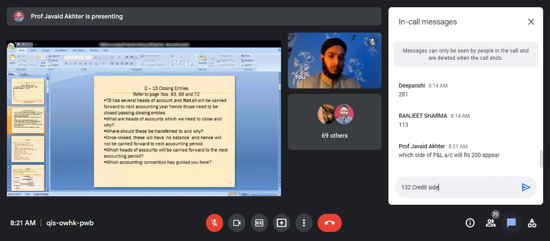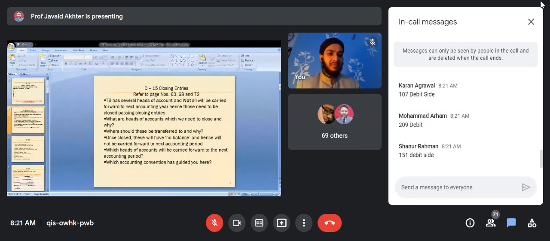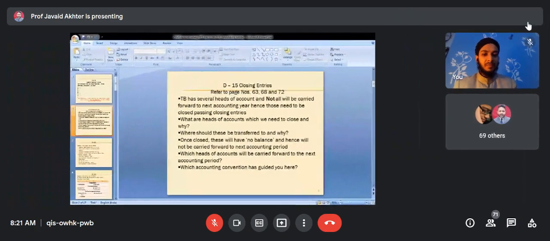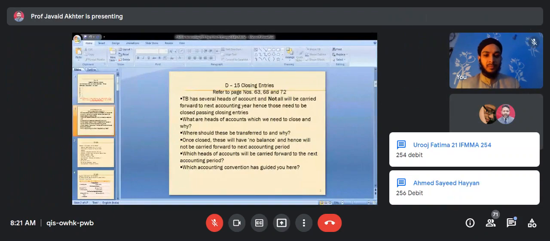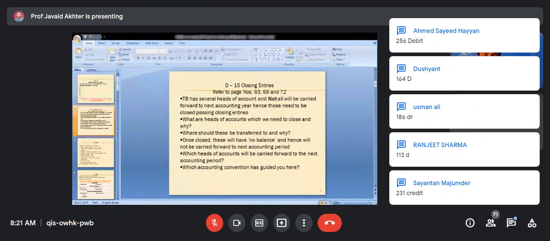Now type your answer with your roll numbers, like 101 D, 102 C. Don't go by opinion or audience poll. Think about it and then write. This is also enough, if you are writing 115D, 220C, 304C.